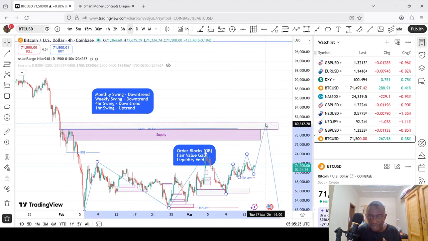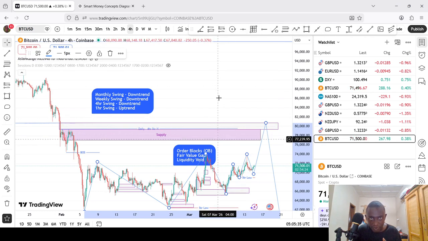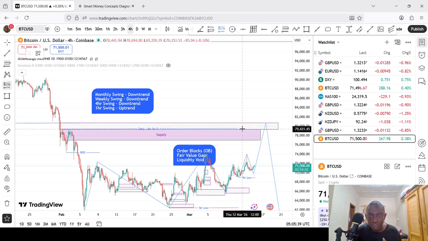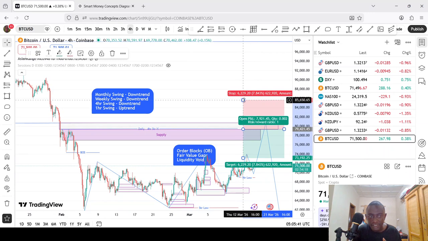like close around this point, then come all the way down, which means if you are selling, instead of selling around this point, you can just position, you have a short, so you can just place your trade here.